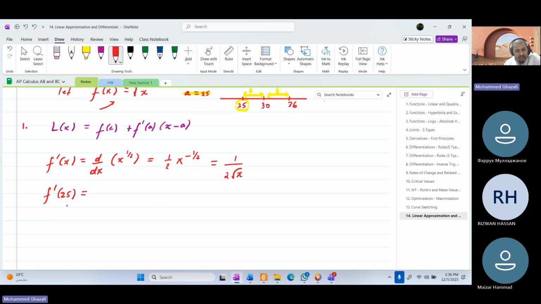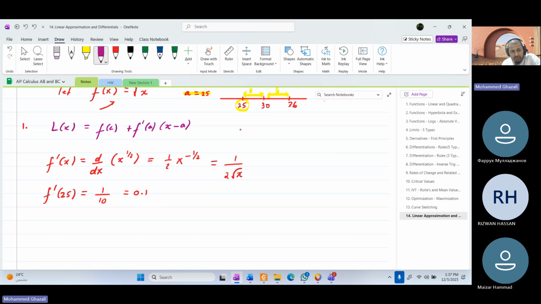Now I'm substituting 25 here. So I'm getting 1 over 2 times 5, which is 1 over 10, which equals 0.1. I substituted 25 inside the derivative function because this is my slope. Remember, f prime a. What is the value of a? 25.